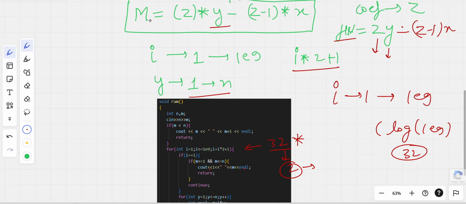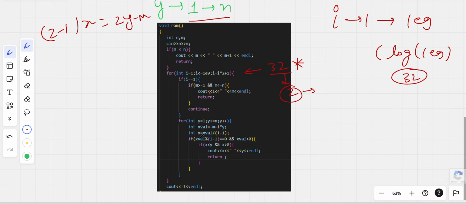So if we replace this, the equation will become m, like if you move this, then it will become z minus 1 into x is equal to z times y minus m. So we are doing the same thing here. The x value will be i into y minus m, like here z is i. So if you replace z with i, then it will become i into y minus m.